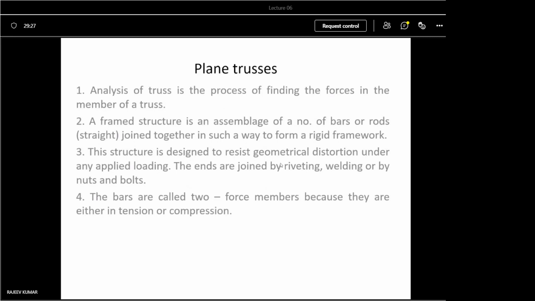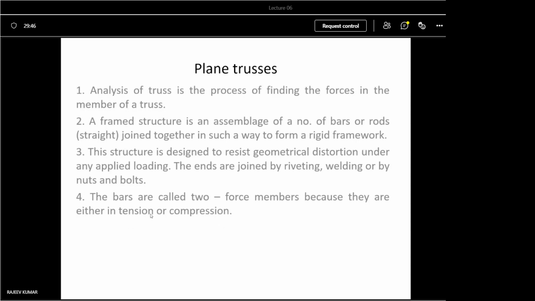So this structure is designed to resist geometrical distortion under any applied loading. The ends are joined by riveting, welding, or by nuts and bolts. The bars are called two-force members because they are either in tension or compression.